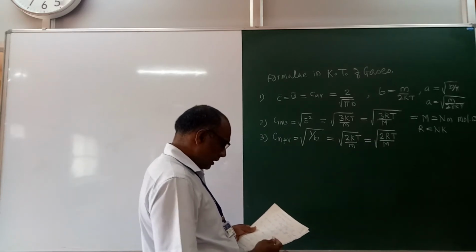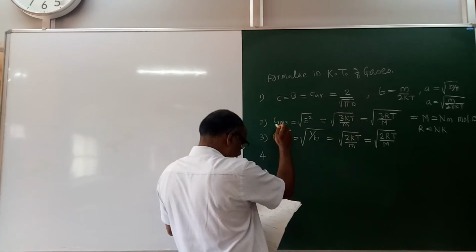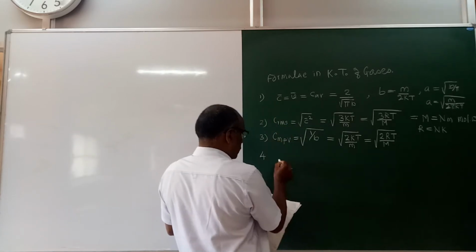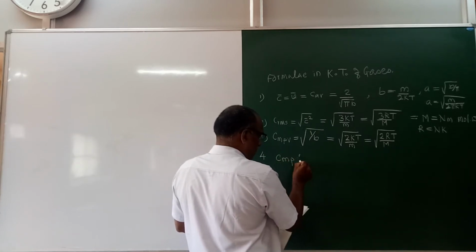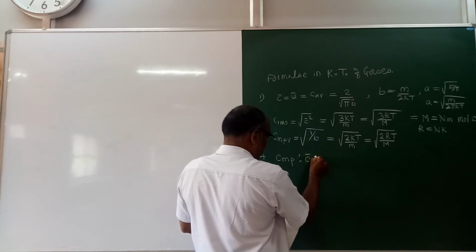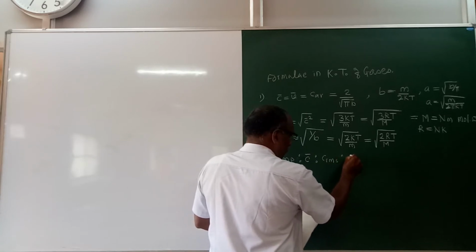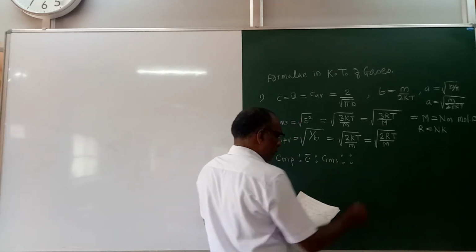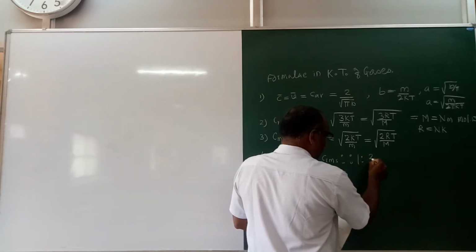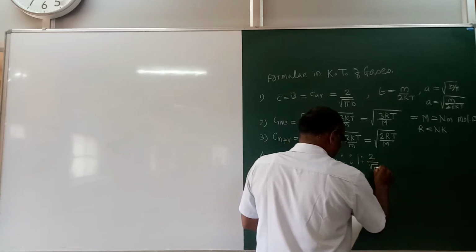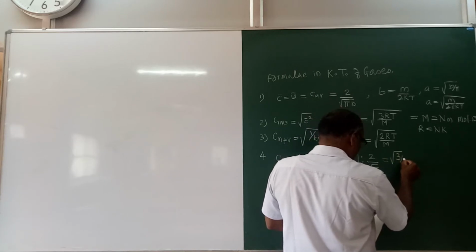So the ratio of C bar, the average velocity, CRMS, and the most probable velocity CMPV: taking CMPV as 1, C bar is 2 upon root pi, and CRMS is root 3 by 2.